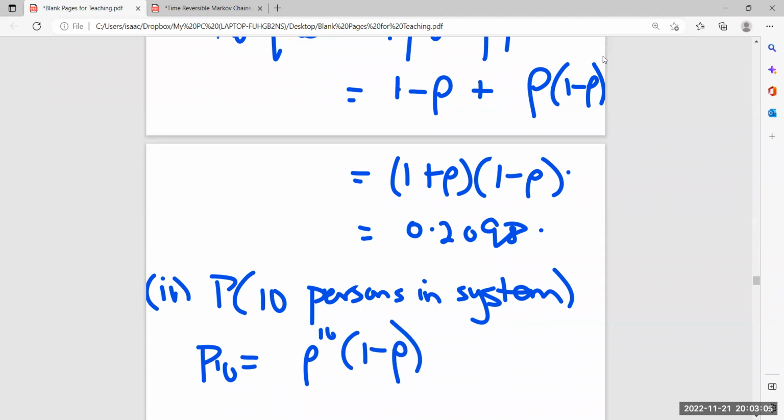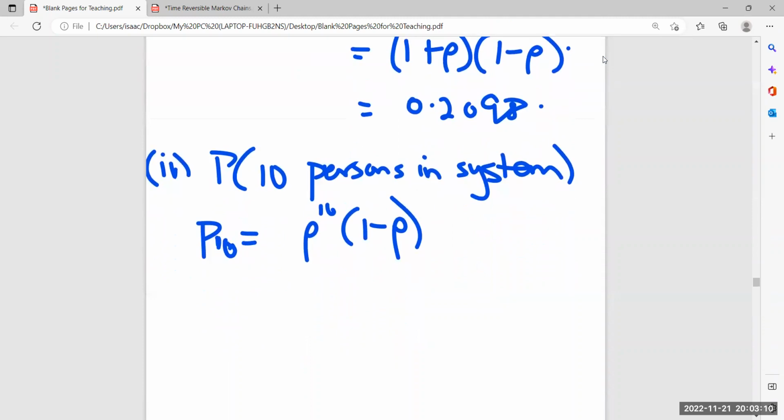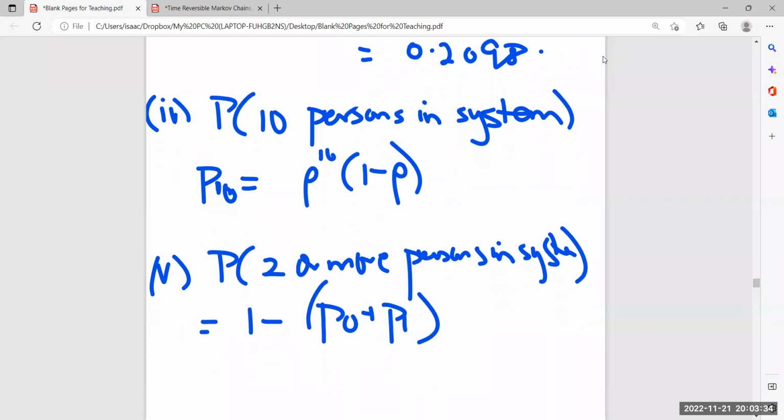This is how we define it. So we can handle probabilities. What's the probability that 2 or more persons are in the system? That's 1 minus P0 plus P1, which is about 0.7902. You could check it out.